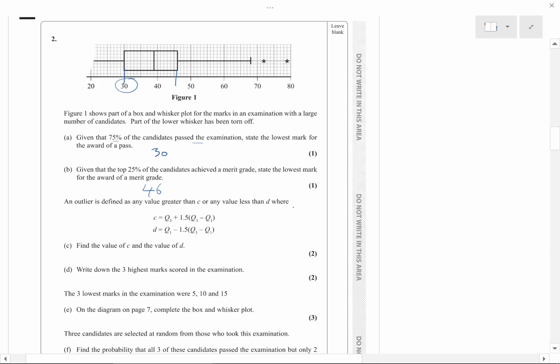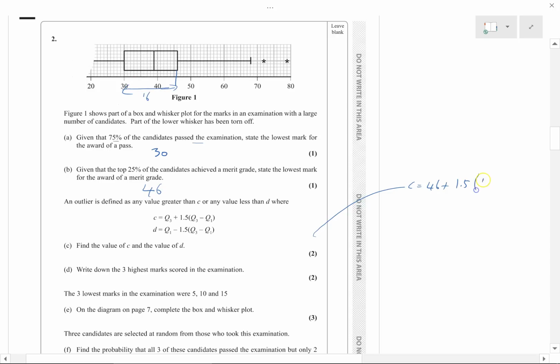Find the values of C and D. These are the boundaries where we judge whether a number is an outlier or not. Well, C, let's just do that. C is equal to the Q3, so that's 46 plus 1.5 times the interquartile range, and we can see that the interquartile range here is 16.